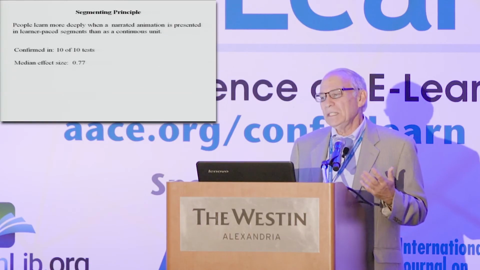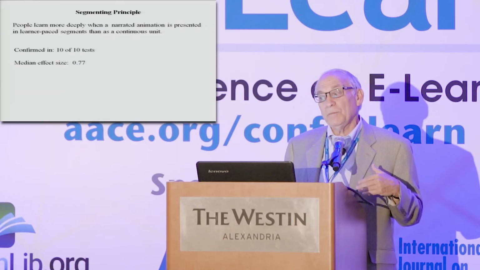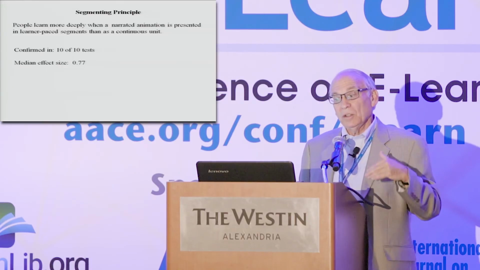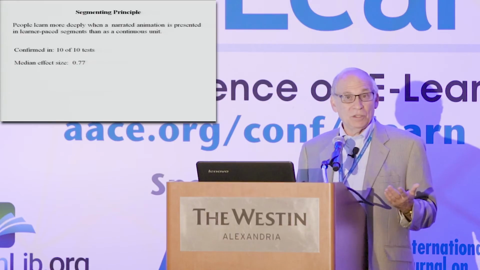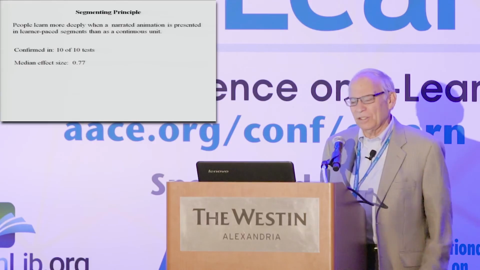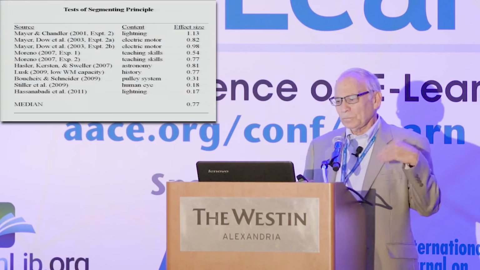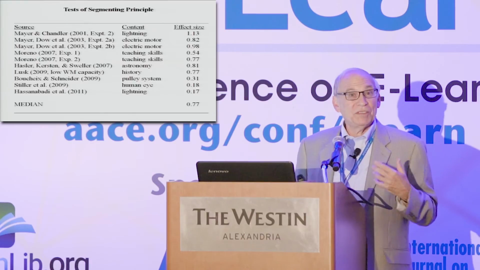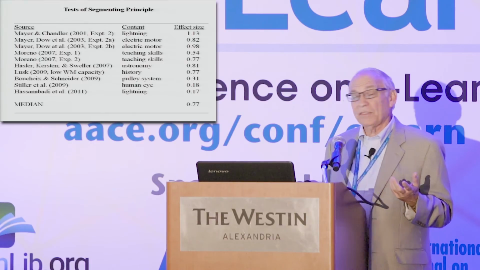In 10 out of 10 experimental tests, people learn better from a narrated animation when it's presented in learner-paced segments than as a continuous unit with an effect size close to 0.8, which is considered a large effect size. And you can see this is from a number of different studies with different kinds of content.